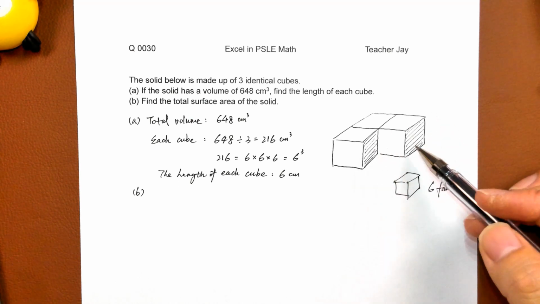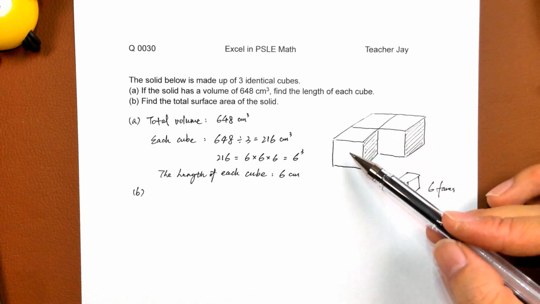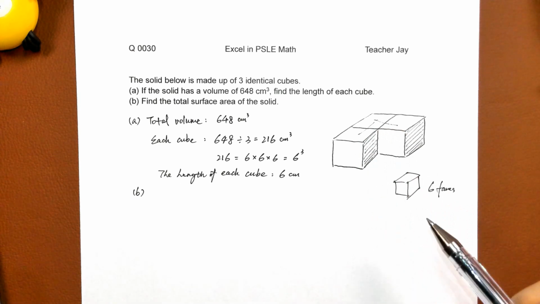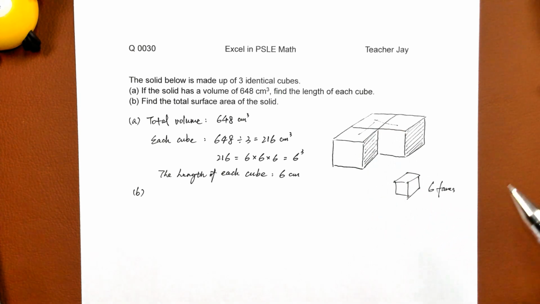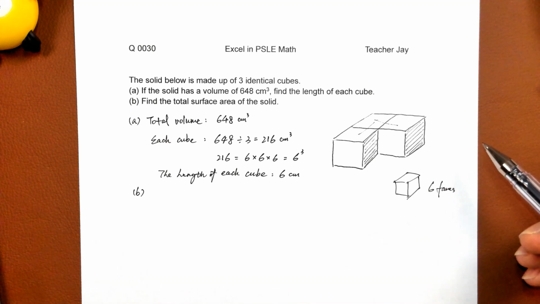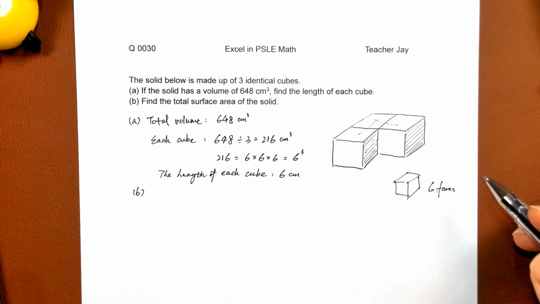But in the figure, they are in contact with each other 2 by 2. So I think it's easy for you guys to understand that the number of faces will not be 18.